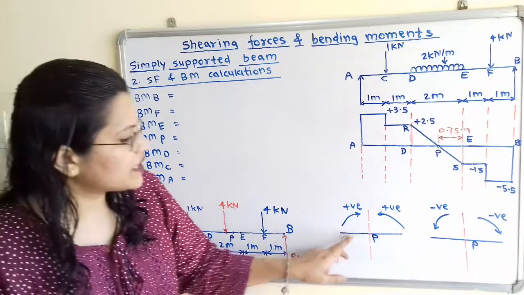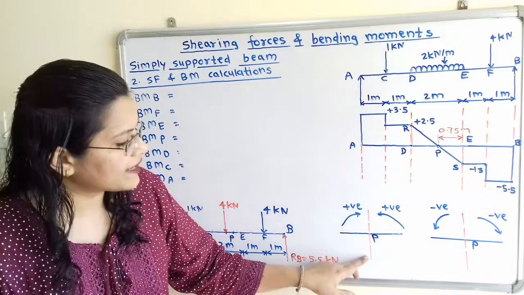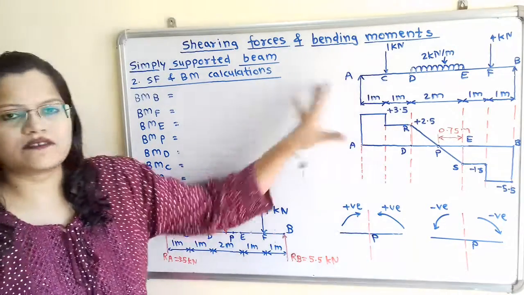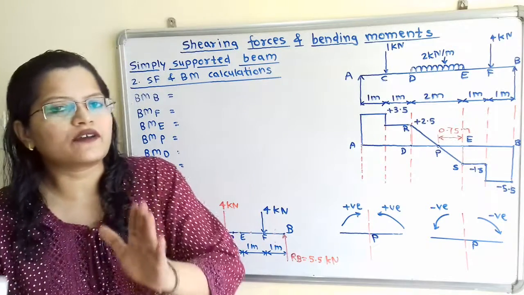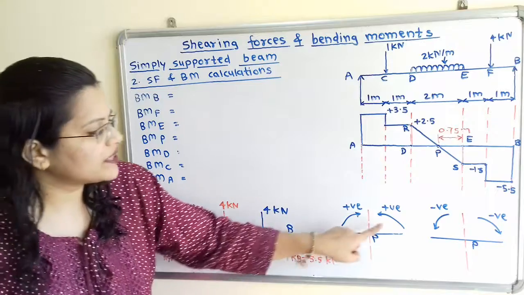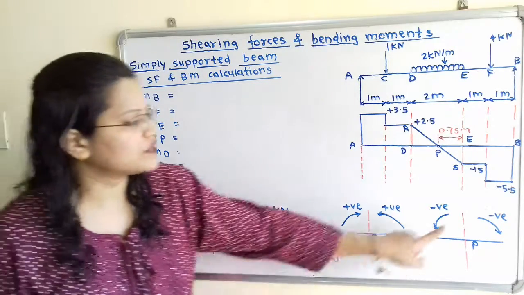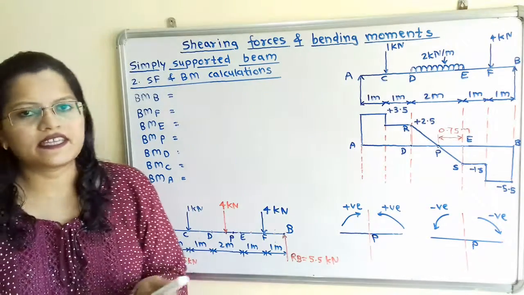If we observe here, the point of intersection of this horizontal line and vertical line is the selected point. For this question, we will take the summation of moment of forces on the right hand side. When the moment is in anti-clockwise direction, we will take the positive sign, and when the moment is in clockwise direction, we will take the negative sign.